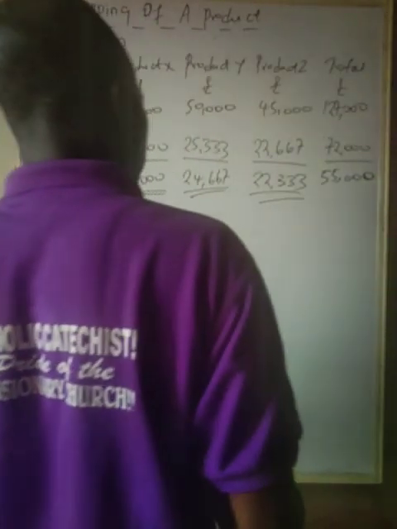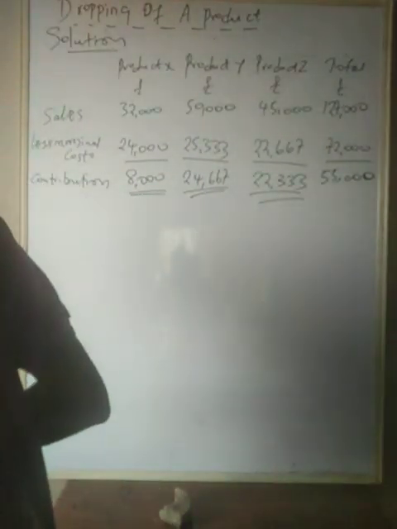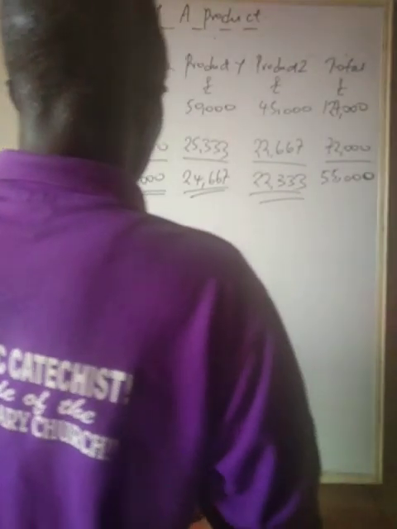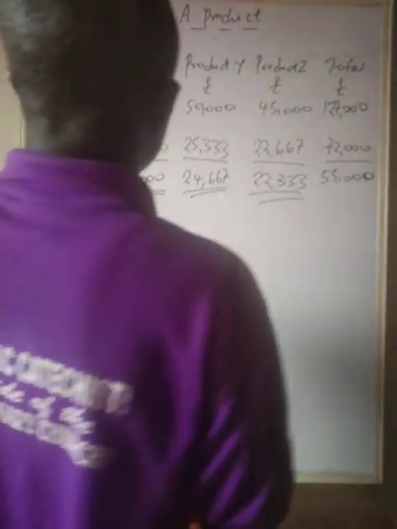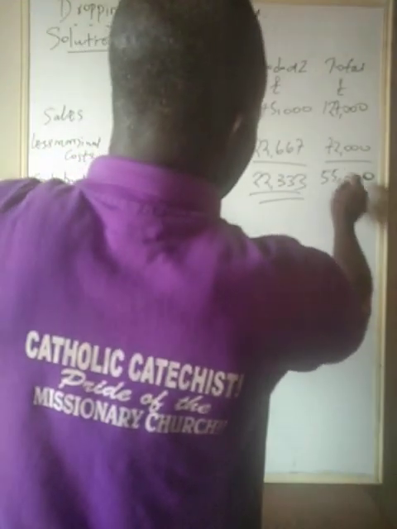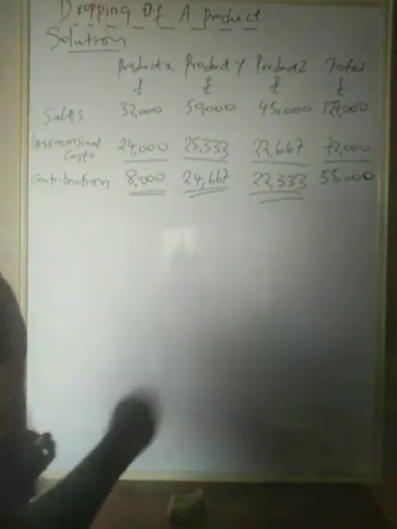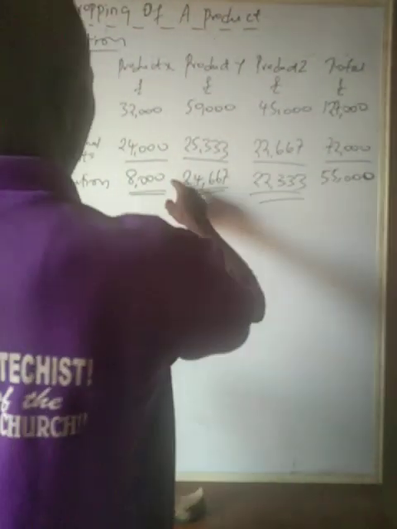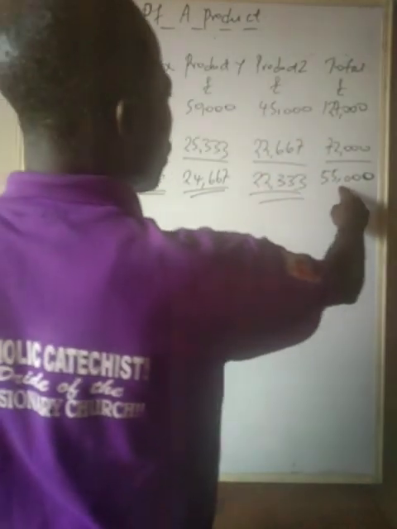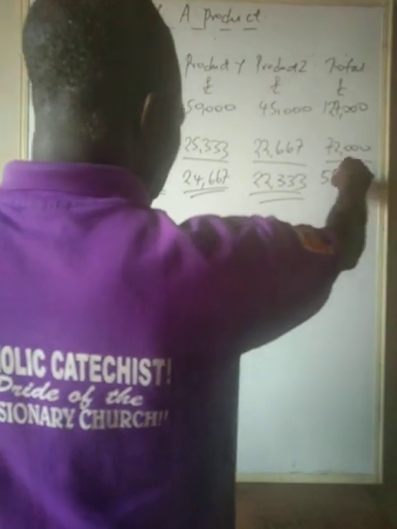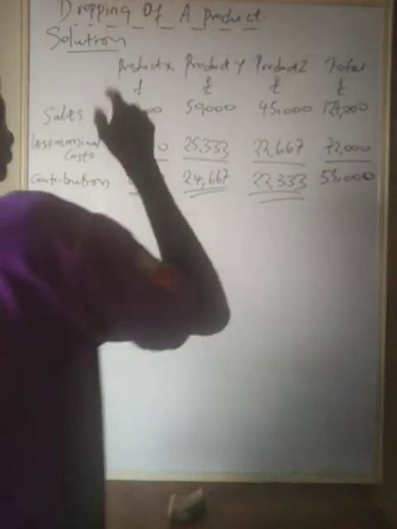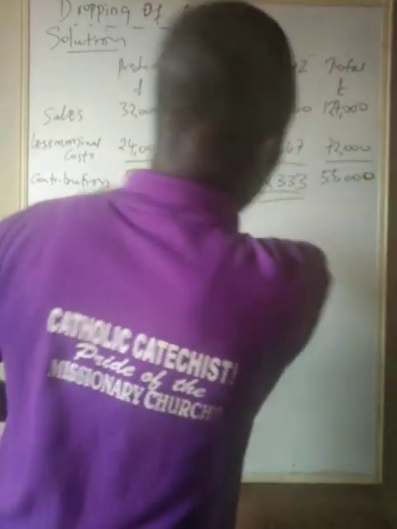Now, you can see that this contribution is inside this 55,000. Assuming we drop product X, it's going to reduce our contribution by 8,000. And this contribution contributes to the overall net profit.